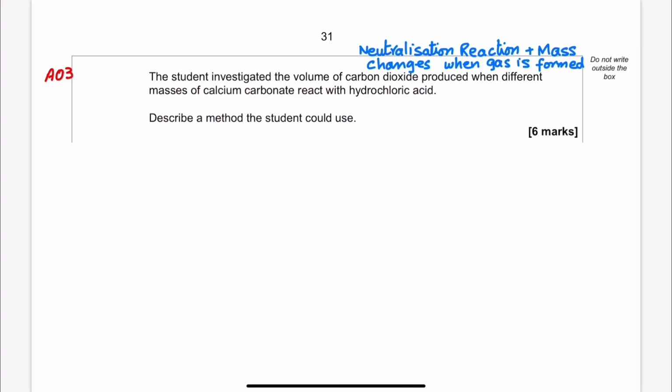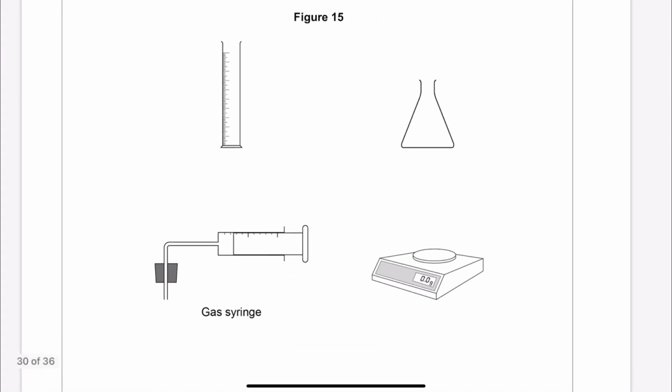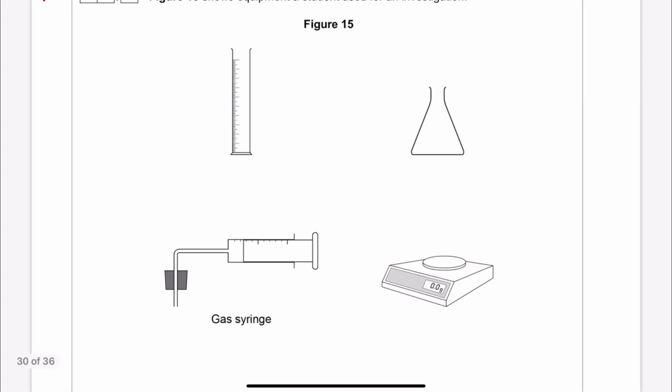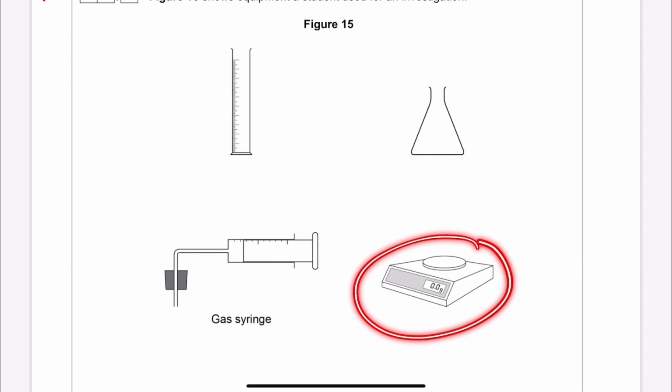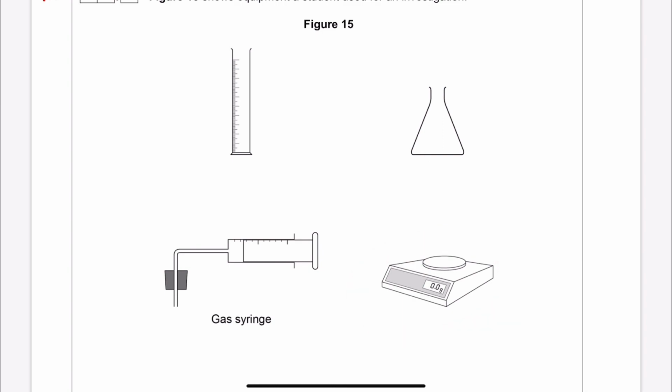The student needs to describe the method, and this question is from neutralization reaction, and the mass changes when the gas is formed. In figure number 15, we can see here we have the gas syringe. First, with the help of the digital scale, we are going to measure the mass of calcium carbonate, and we add that mass in the conical flask.